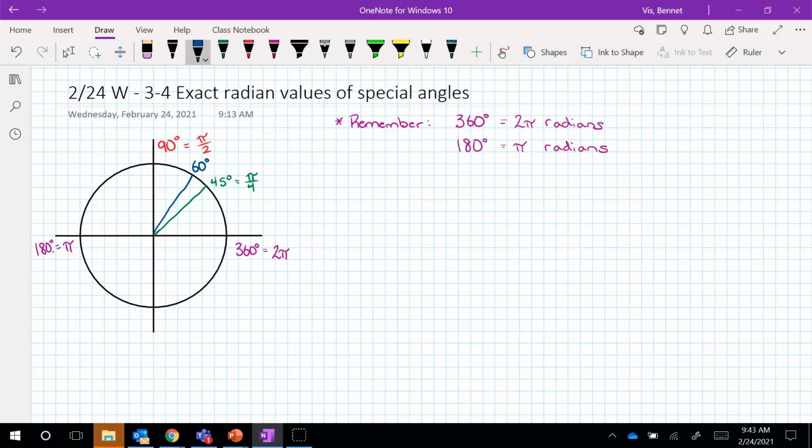But my 60 degrees, that 1/3, is going to be 1/3 of pi. Right? And the last one that I have is, right, that 30 degrees, which I could either cut this in half, or say 30 is 1/6 of 180. So my 30 degree angle is going to be equal to 1/6 of pi, or pi over 6.